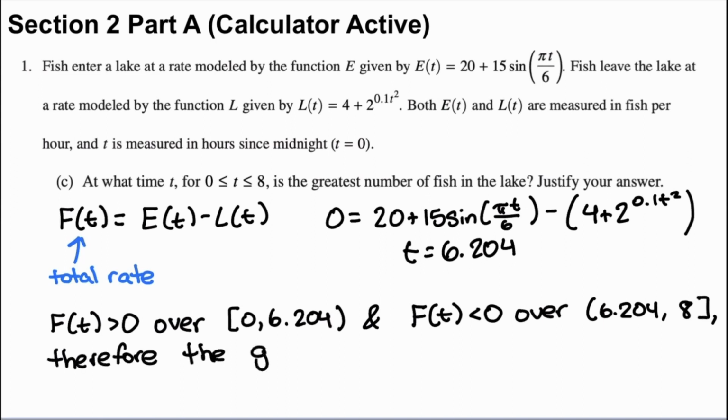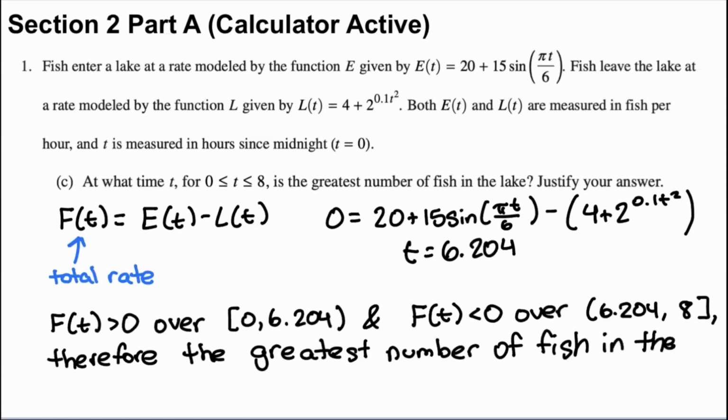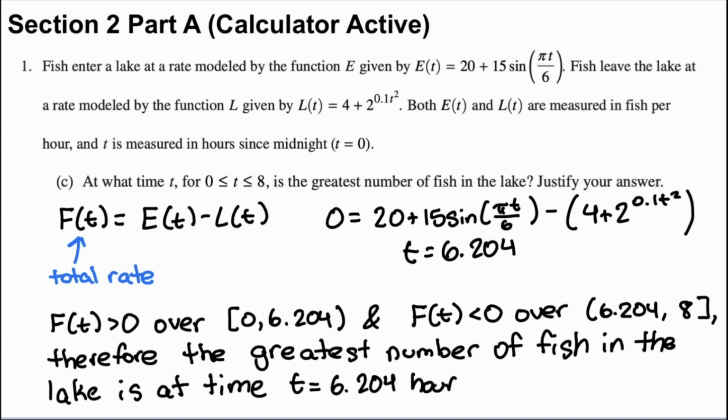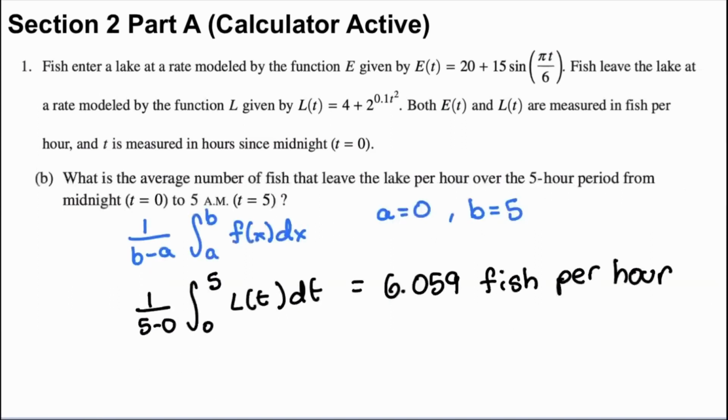the greatest number of fish in the lake is at time t is equal to 6.204 hours. You want to keep it in terms of the problem, and use the language that the problem uses in order to maximize points. Now, I know in the previous question they tell you what time t equals 0 corresponds to, like t equals 0 is midnight.